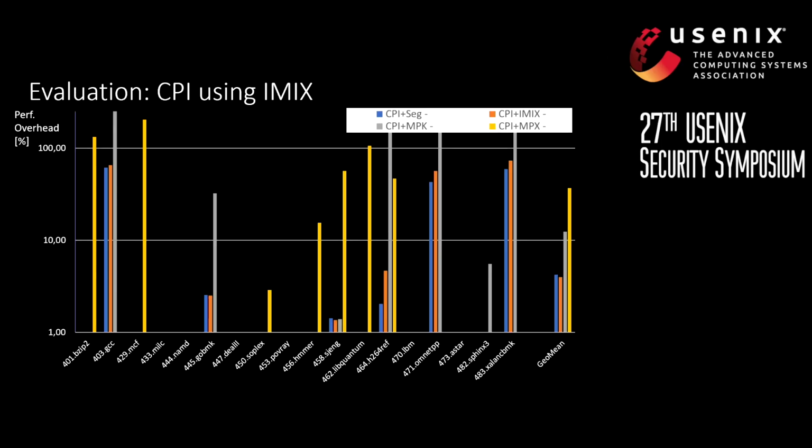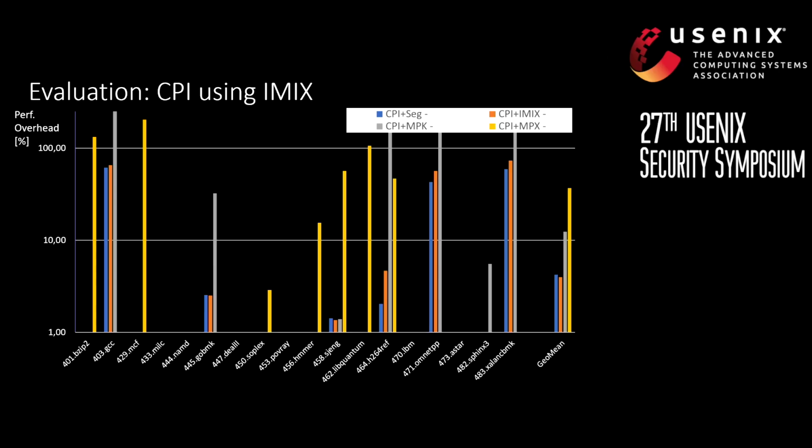And we got quite promising results, I would say. So CPI and segmentation means, this is the blue bar, by the way. This is the regular CPI using the segment register as a base register, where we have in orange our IMIX-based CPI, which is in most of the cases quite similar. Now note there is CPI and memory protection keys.